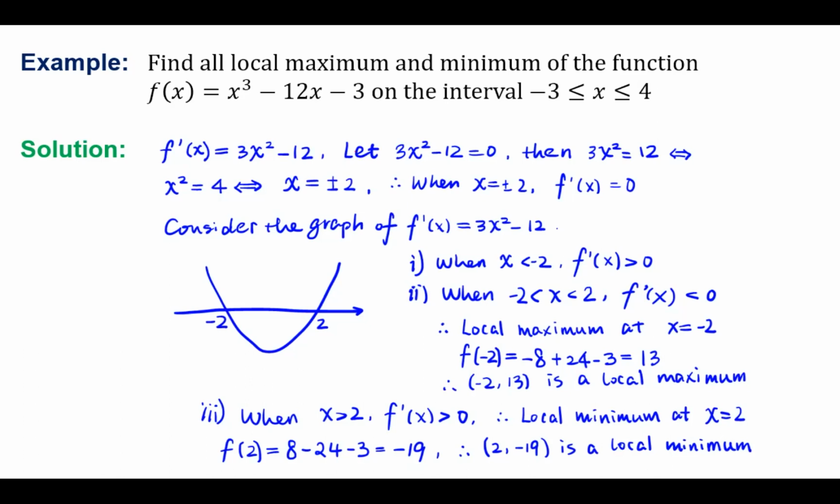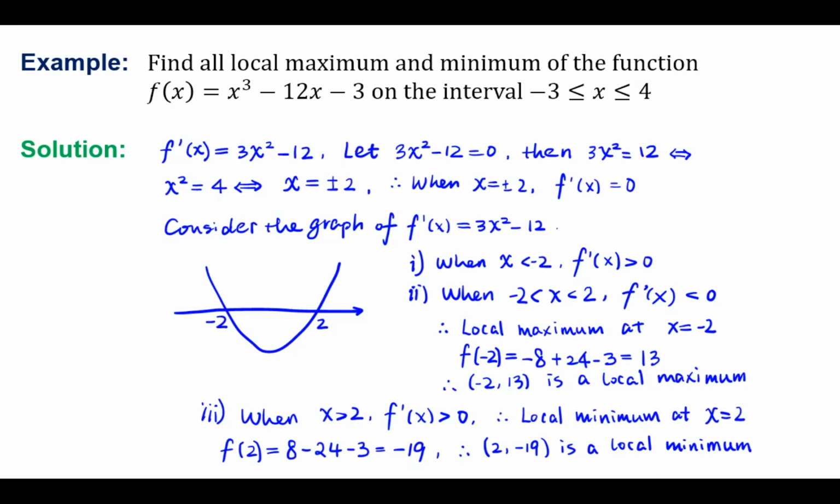So this function achieves local minimum at x equals 2. Then we calculate the image of f(x) at x equals 2, which gives us -19. Therefore, we know the point (2, -19) is the local minimum.